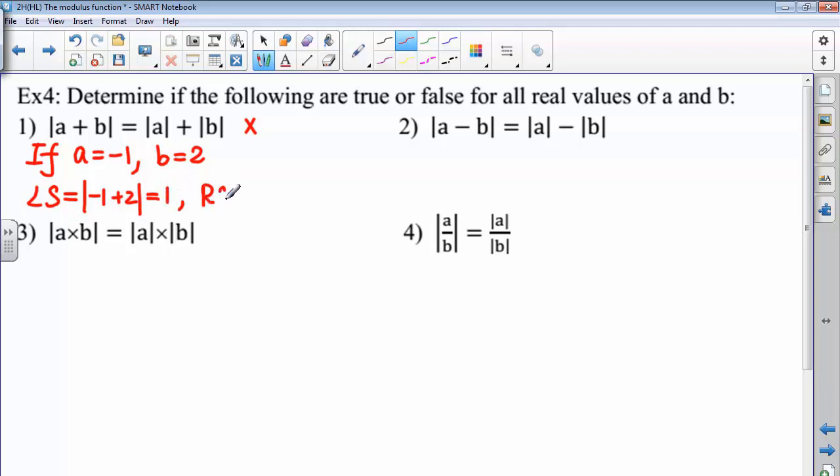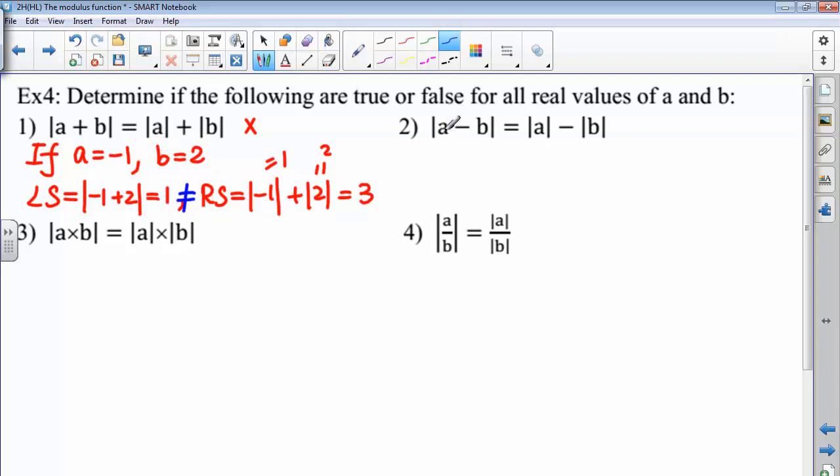And the right side is the absolute value of -1 plus the absolute value of 2. This one is 1, this one is 2. 1 plus 2 is 3. That means the left side is not equal to the right side when a is -1, b is 2. So this one is not true for all real values of a and b.